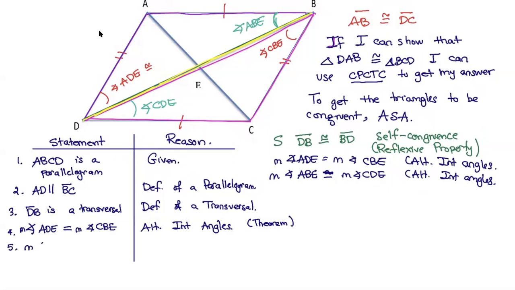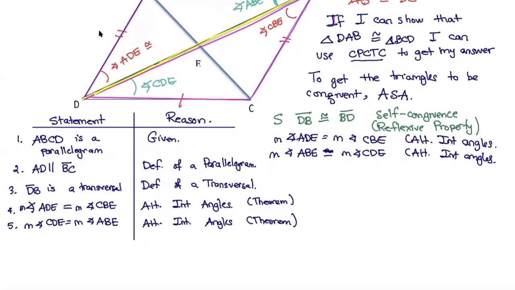Furthermore, we found that the measure of angle CDE is equal to the measure of angle ABE, and this was on account that they were alt-int angles as well. The same theorem that said that the alternate interior angles of parallel lines are going to be equal in measure.